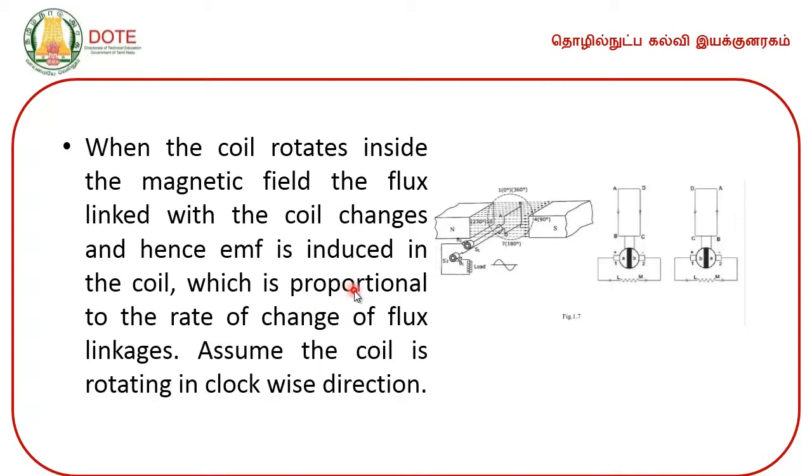Assume the coil is rotating in the clockwise direction. So, this is the coil, the one which appears in a rectangular form. For illustration purpose, it is shown as a single coil, but normally the armature contains many coils.